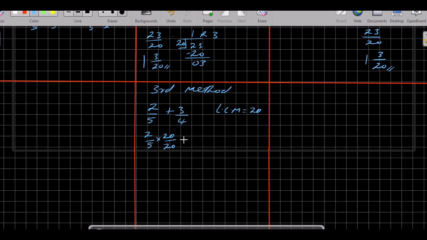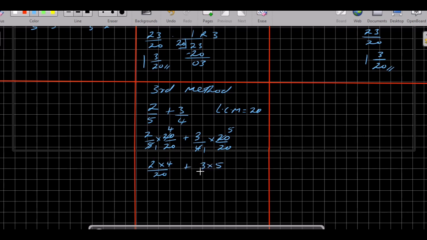Then we have our plus. The second fraction, we have 3 over 4 times the LCM. Now 5 can go into 20 4 times. 4 can go into 20 5 times. So we are left with 2 times 4 over 20 plus 3 times 5 over 20.